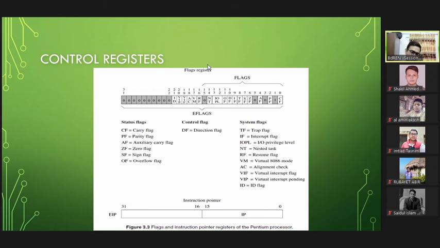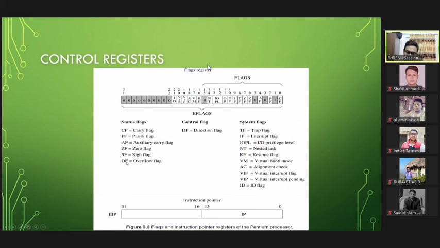As I said, there are 3 types of flag: 6 types of status flag, 1 type of control flag, and 10 types of system flag. Remember the number, 6 types of status flag. These are the 6 types. We are going to use some of the flags whenever we do multiplication and division in chapter number 7, like the carry flag, parity flag, overflow flag.